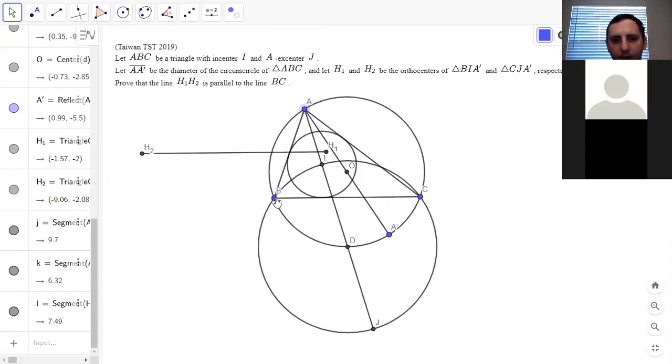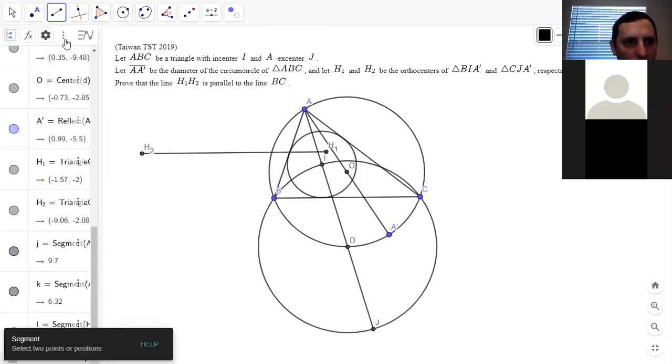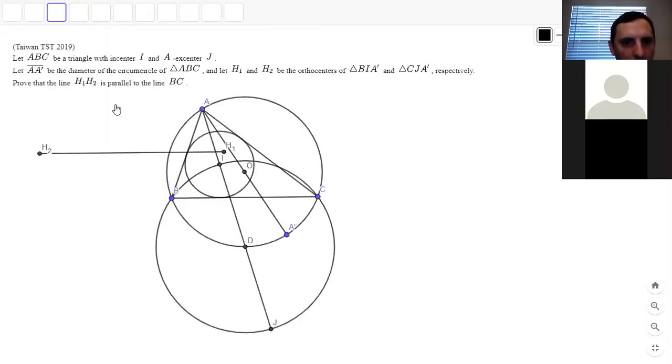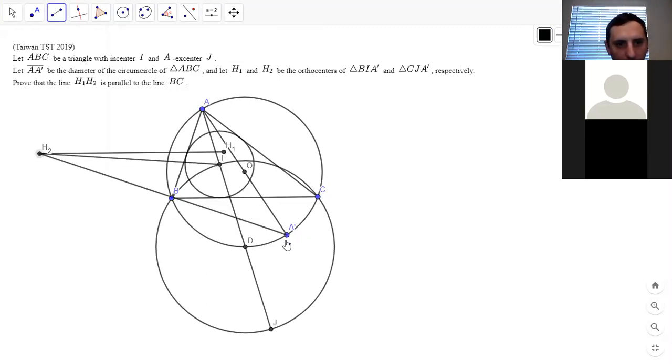Another way to say it is B is the orthocenter of IH2A prime. Let me try to get a nice figure.